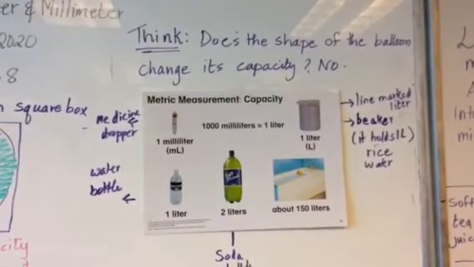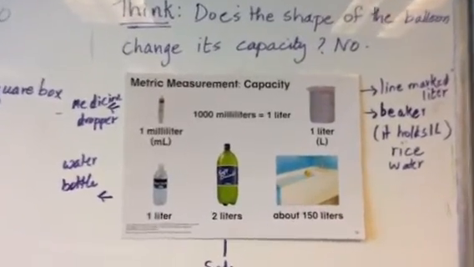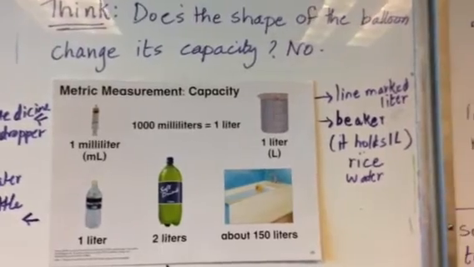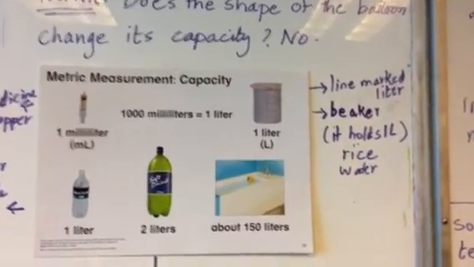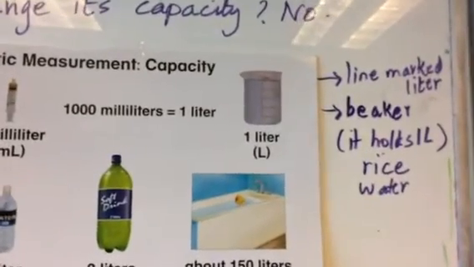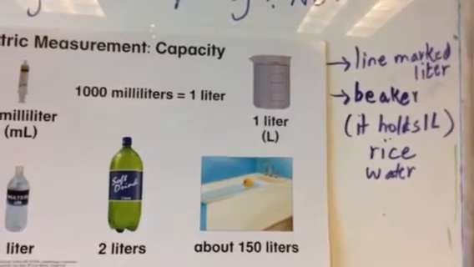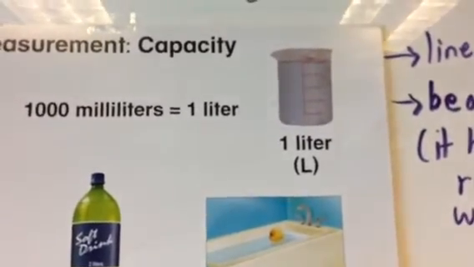It's still the same. Now I put a metric measurements capacity chart in front, and I showed on this side 1 liter is the beaker, and it holds rice water in it, so it's a liquid. There is a mark up here and it shows 1 liter.